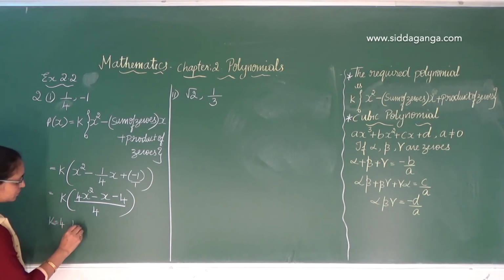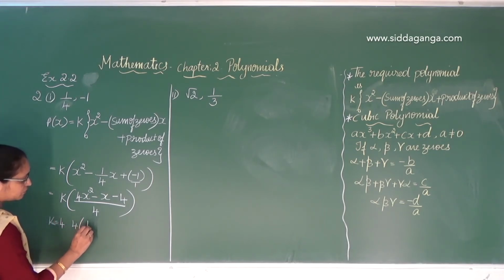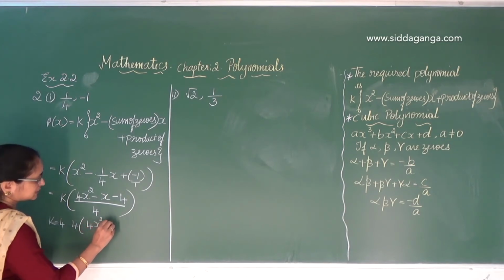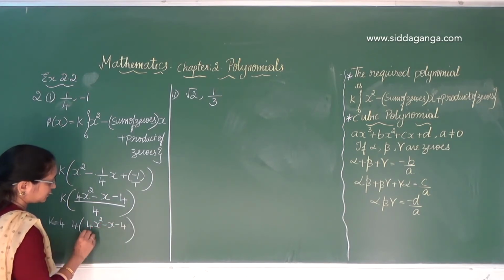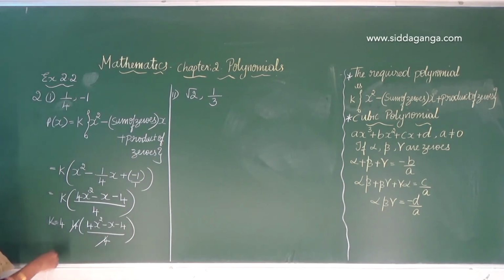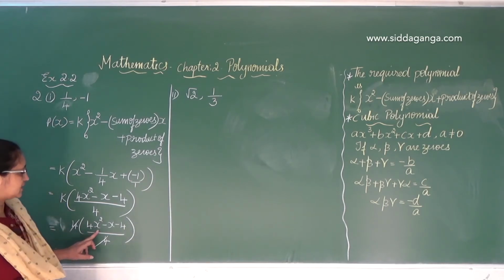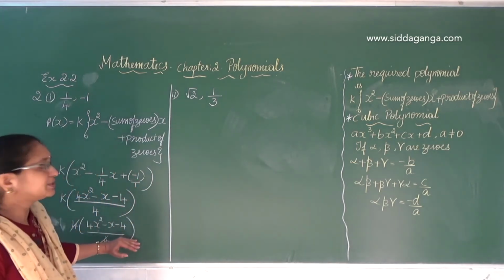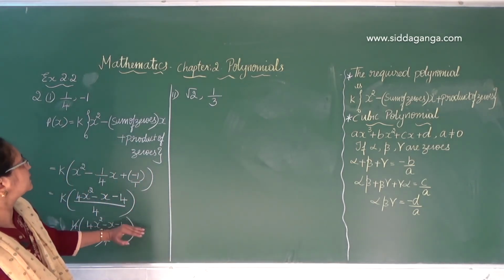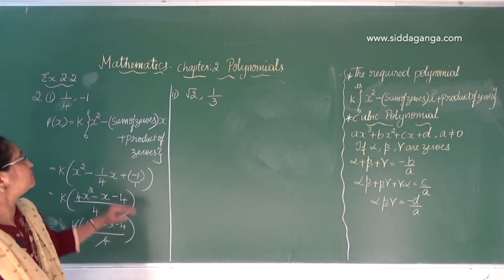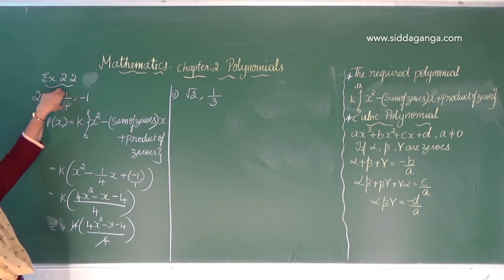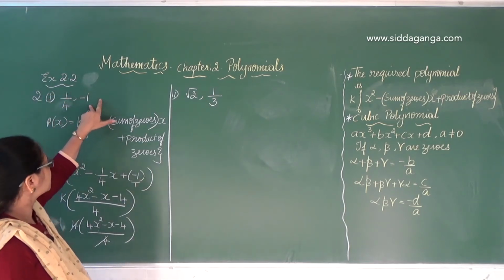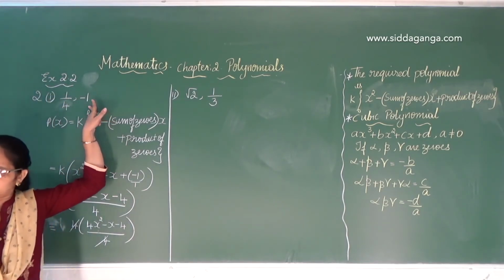So this 4 into 4x square minus x minus 4 divided by 4. This 4 gets cancelled. So if k is equal to 4, this will become 4x square minus x minus 4. One such polynomial, that is the required polynomial, when the sum of the zeros is 1 by 4 and the product is minus 1.